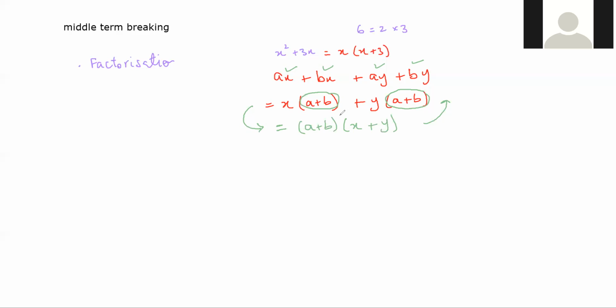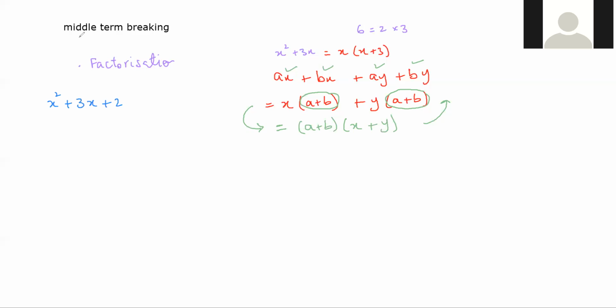Okay? Now, I'm taking you to the middle term breaking. When you have quadratic expressions mainly, suppose you have x squared plus 3x plus 2. You want to factorize this through middle term breaking.